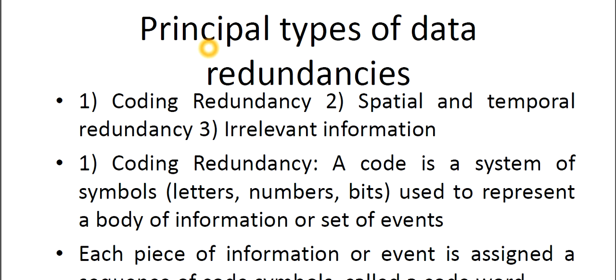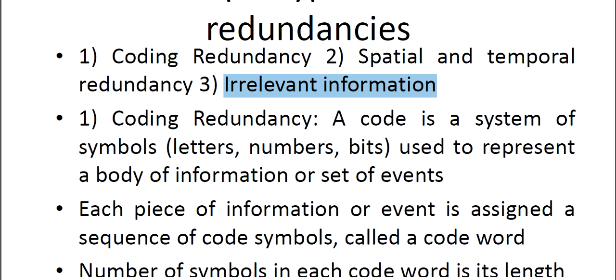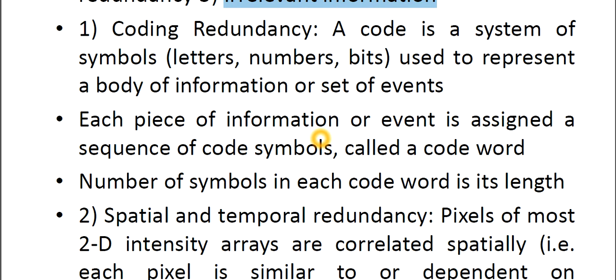Principal types of data redundancy. What are the different types of data redundancy we will have? They are coding redundancy, spatial and temporal redundancy, and irrelevant information. So three principal types: coding redundancy, spatial and temporal redundancy, and irrelevant information. Okay, so what is coding redundancy?